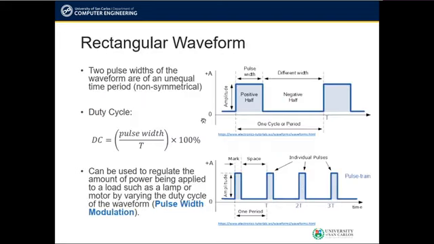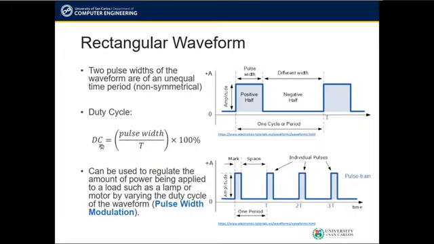Clock signals do not always have 50% duty cycle. Sometimes, in a clock period, the pulse width for the positive half and the negative half are unequal. They are called rectangular waves and may look like this. To get the duty cycle of rectangular waves, we can use this equation.